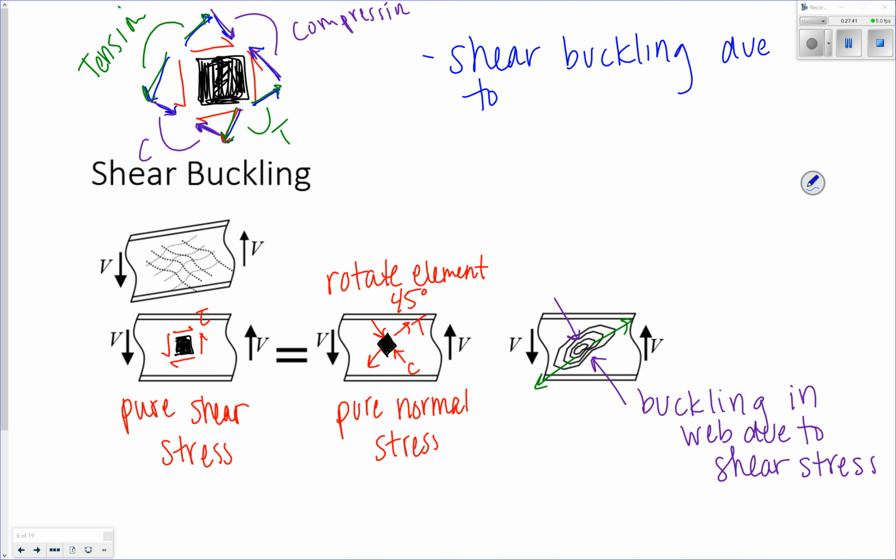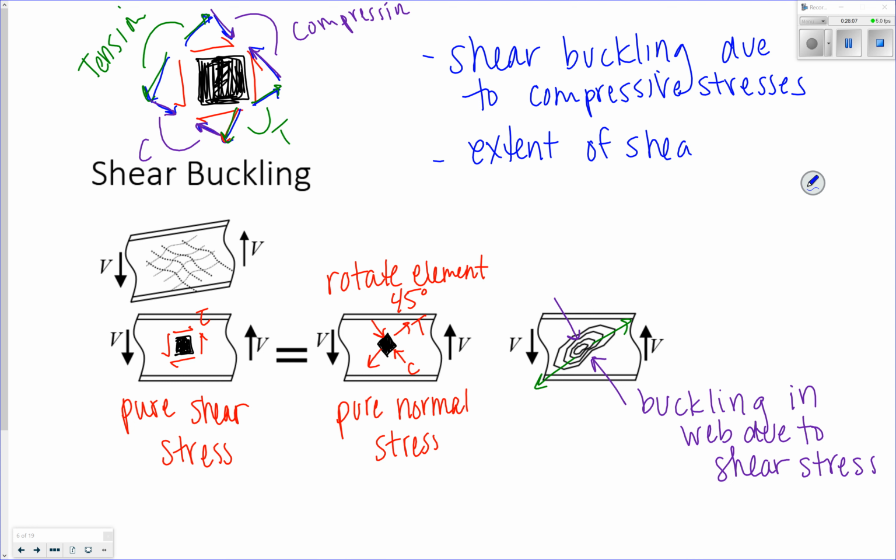due to compressive stresses, which are transformed from my shear stress, and the extent of the shear buckling, like how much it happens or how likely it is to happen, depends on, well, what does buckling usually depend on, right? The slenderness.